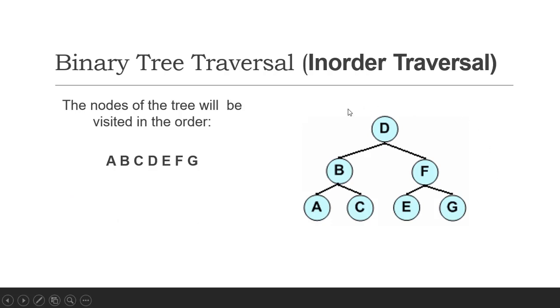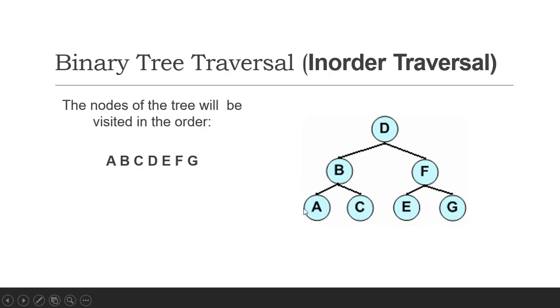This is the example of a tree, with a subtree, and also a subtree of D. What we have to determine is the in-order traversal. In an in-order traversal, we first get the left subtree, followed by the root, then we visit the right subtree.